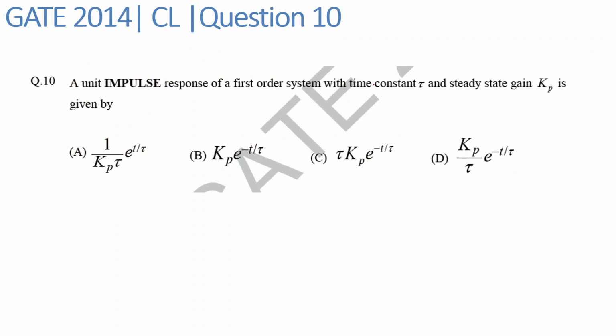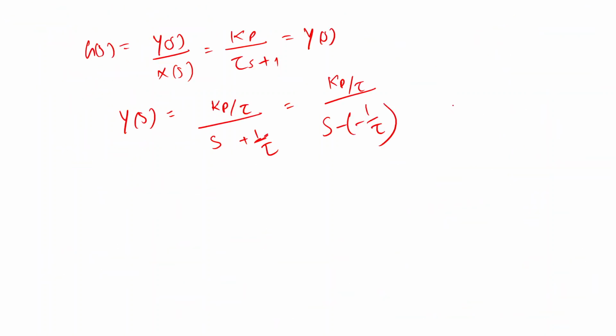Now in this question we have to find the response of the first order system in time domain. So we need to take the inverse Laplace of this term. L inverse of Y of s is Kp upon tau times 1 upon s plus 1 upon tau.